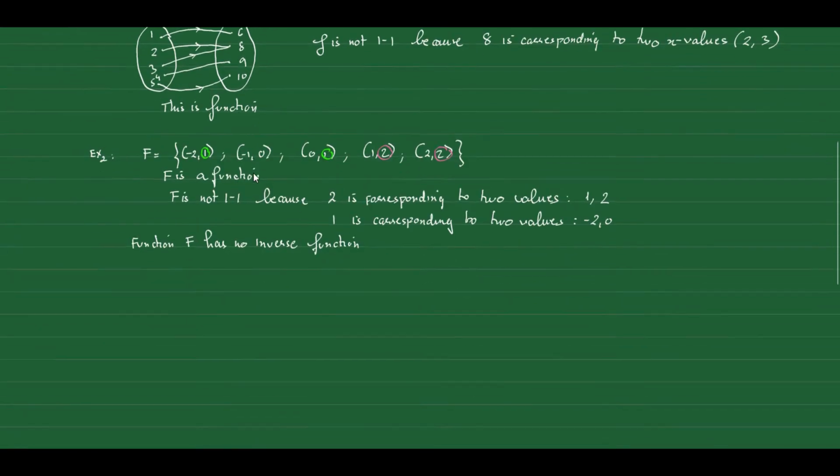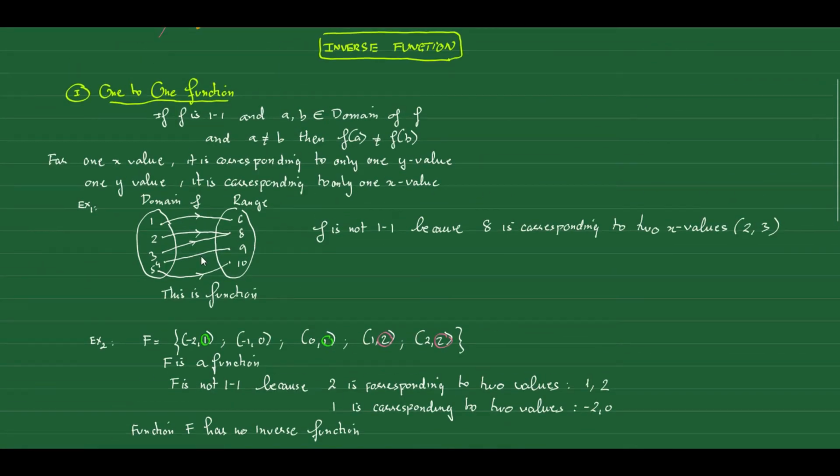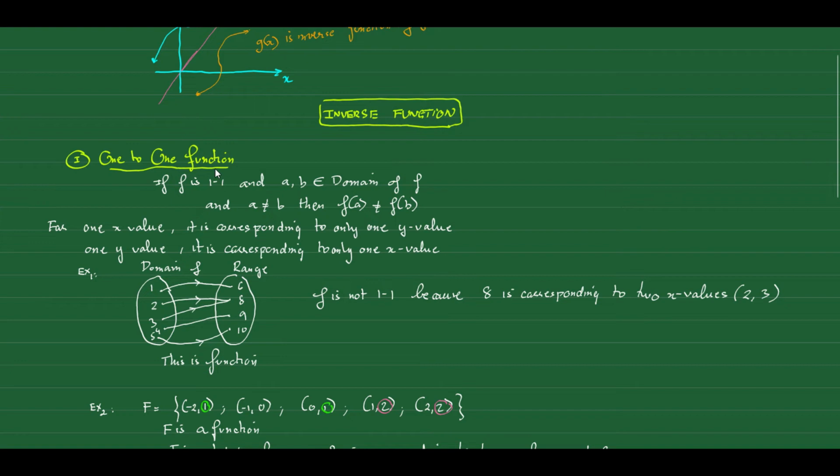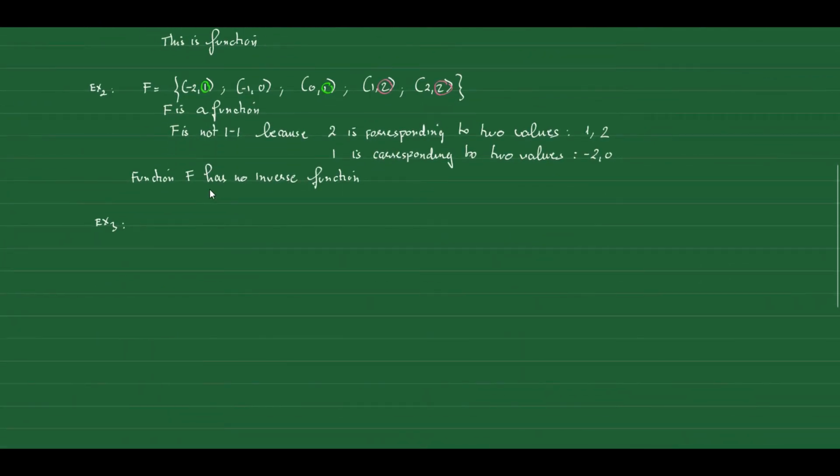Now, on the third example, I can use the definition of a one-to-one function to check if an algebraic function is one-to-one or not. Determine if the following function is 1-to-1.